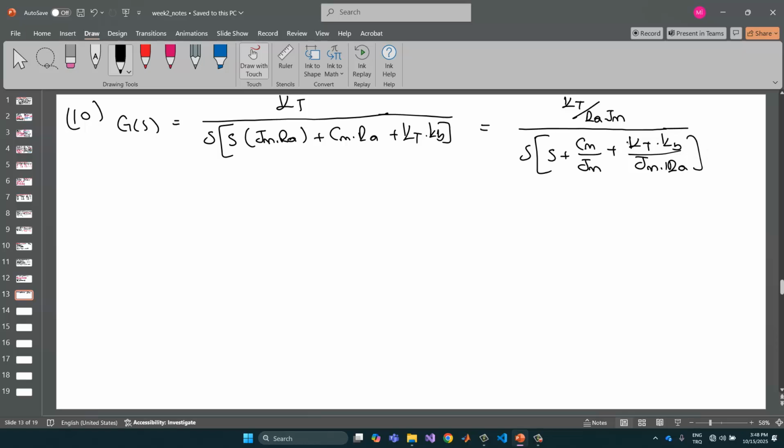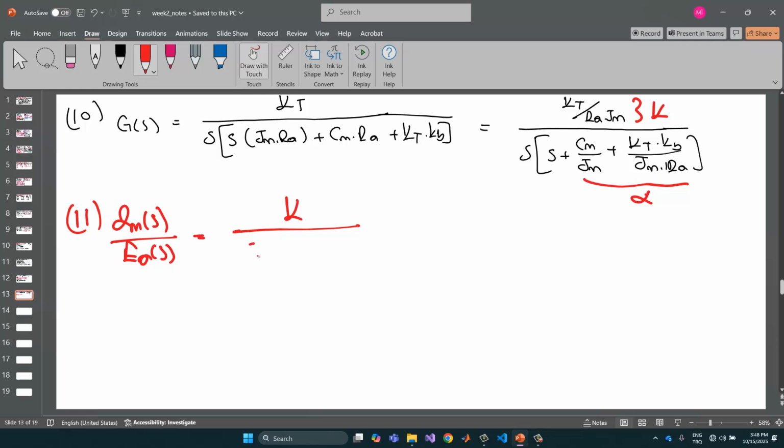Okay, this is the last form. If we say that this is the big K and this is alpha, then in the last form we can write θm(s) divided by E(s) equals K over s(s plus alpha), guys.